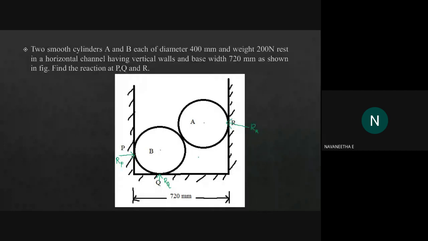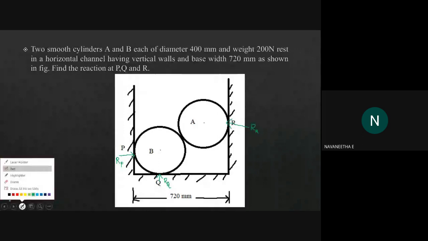Okay, so here we can draw the free body diagram of the ball. First of all, you need to draw the free body diagram of ball A, cylinder A. So how will it look?